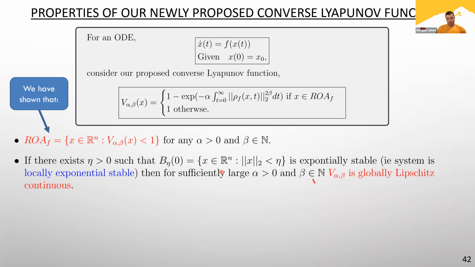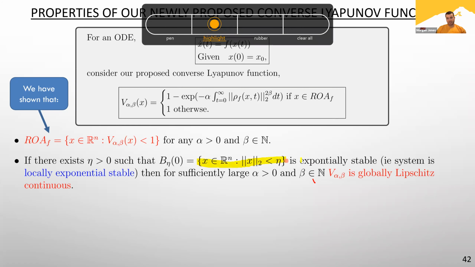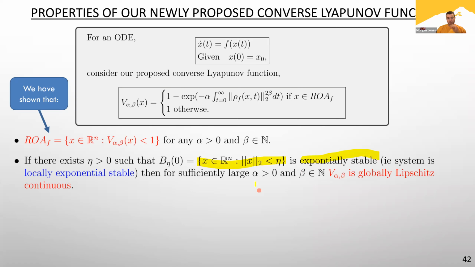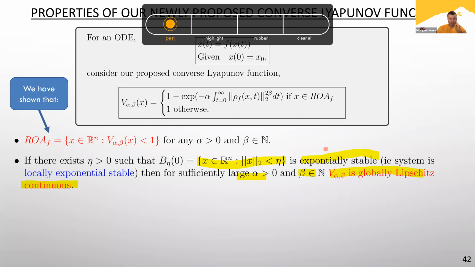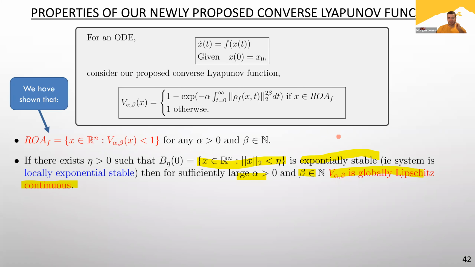If you can find a ball of radius eta that's exponentially stable for our system, you can show that for sufficiently large alpha and beta, our converse Lyapunov function is globally Lipschitz continuous, which is an important property when trying to approximate it by polynomials, because this Lipschitz continuity property is the same property we use to show our convergence to the value function.